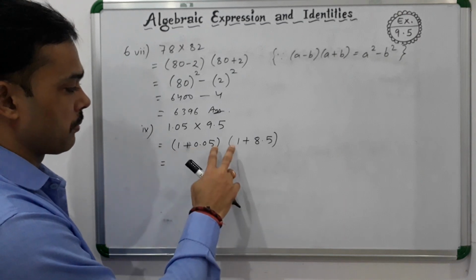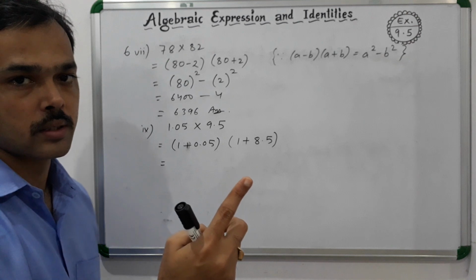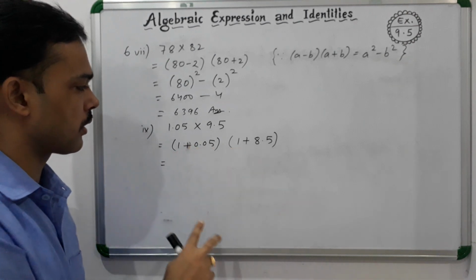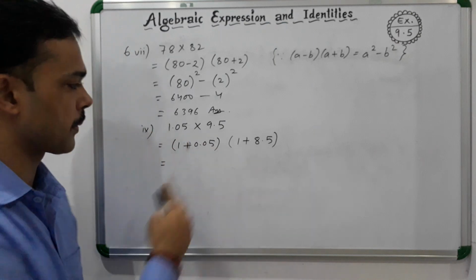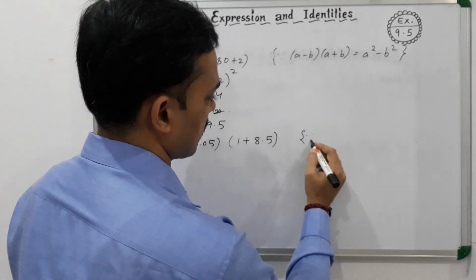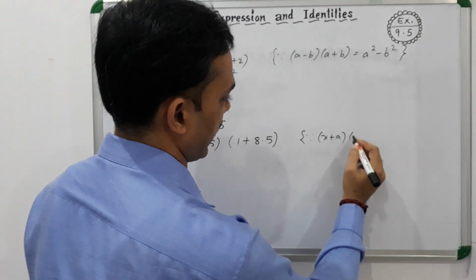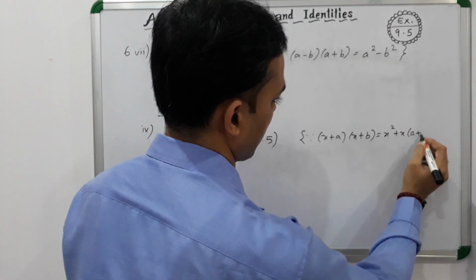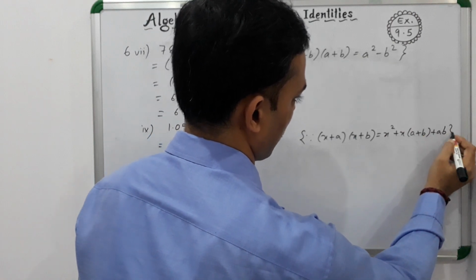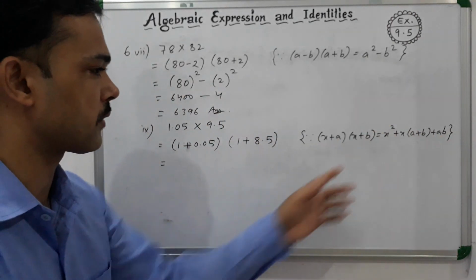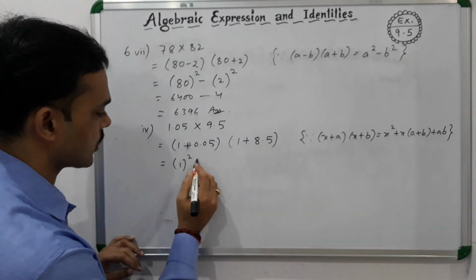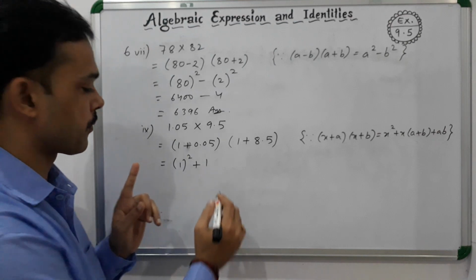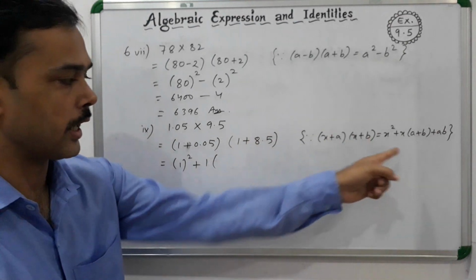It is now made in the form of (x plus a) into (x plus b). See, your first term is the same in both. Since (x plus a) into (x plus b) equals x square plus x(a plus b) plus ab, here in place of x we have got 1, means 1 square, plus x means 1, bracket, a plus b.